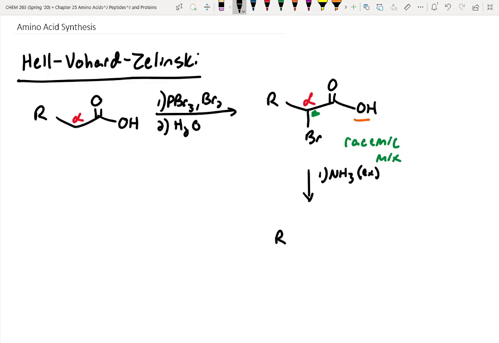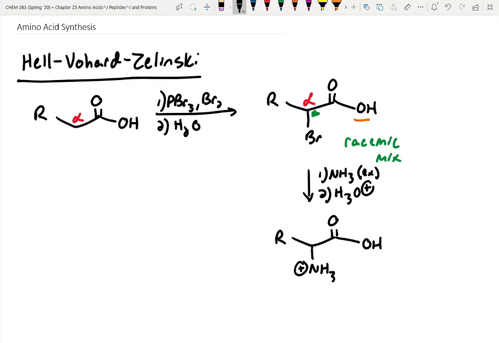So at the end, we would swap out the bromine for an NH2 group, but in order to convert this back to an OH group, we need to treat it with strong acid. So we react this with H3O+, which in the end would actually protonate the NH2 group into an NH3 group. So the net product for this reaction would be your ammonium salt. And again, we still would have that racemic mixture.